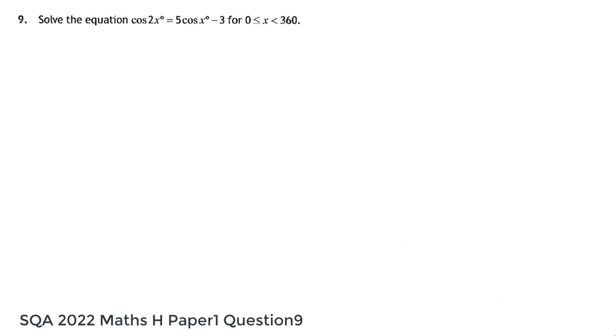So here's question 9. It's a trig equation. We have on the left hand side cosine 2x. On the right hand side we have 5 cos x minus 3. Now looking at cos 2x should bring to mind the double angle formula.